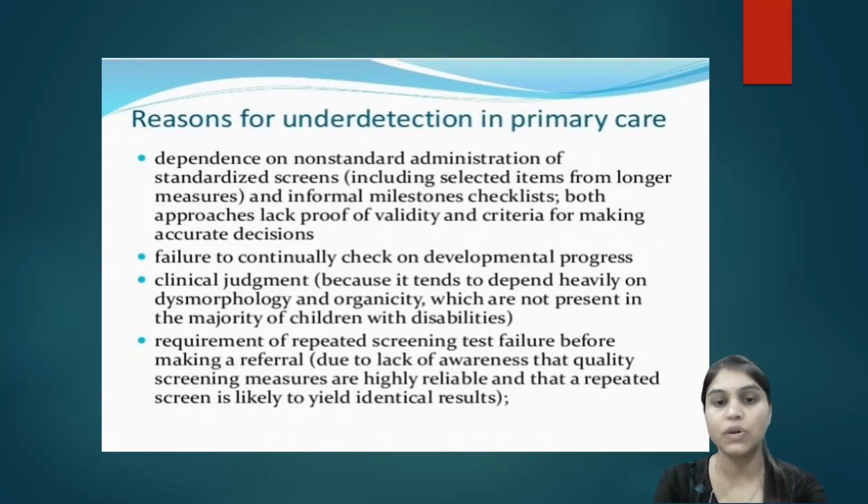Reliance on clinical judgment, because it tends to depend heavily on dysmorphology and organicity, which are not present in the majority of children with disabilities. Requirement of repeated screening test failure before making a referral, due to lack of awareness that quality screening measures are highly reliable and that a repeated screen is likely to yield an identical result.